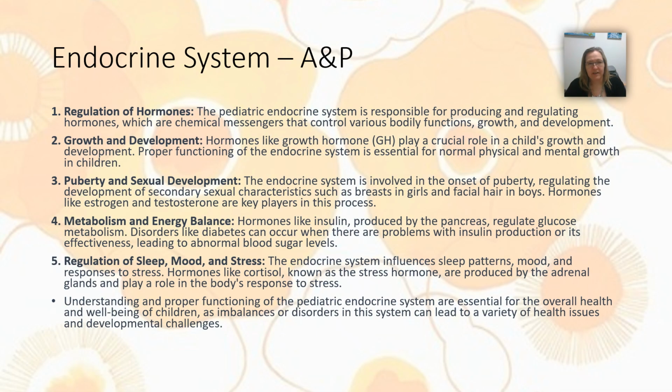Some of the secondary sexual characteristics that you'll need to know in this chapter are known as the Tanner stage. This is the scale we use to determine how advanced a child is in their sexual development as far as secondary characteristics.